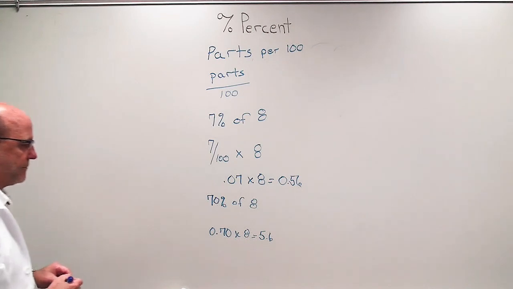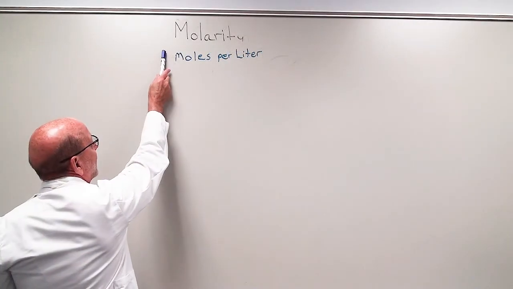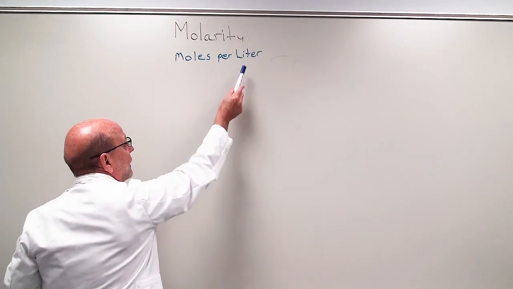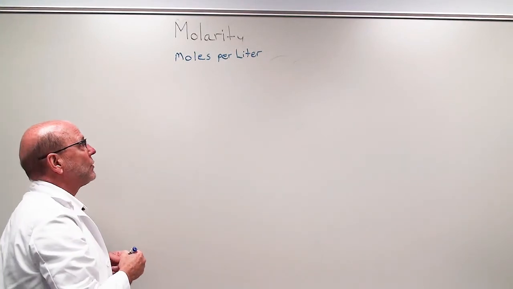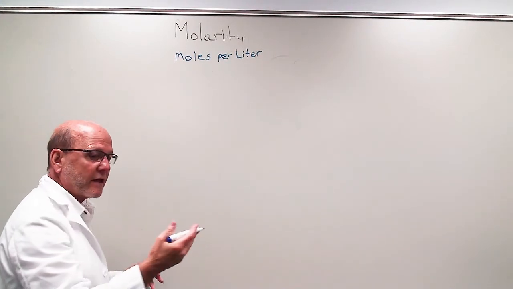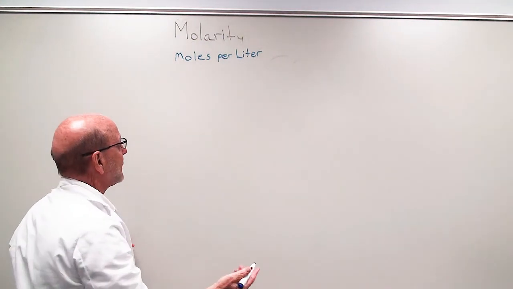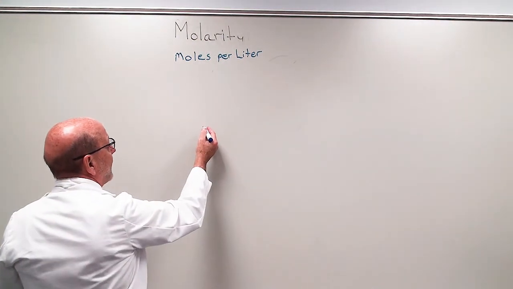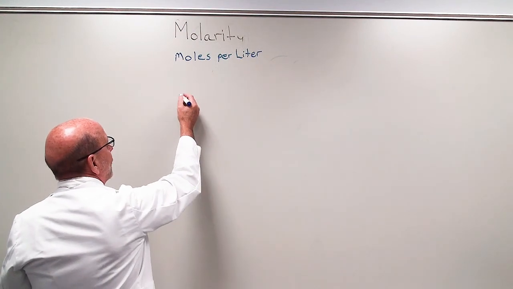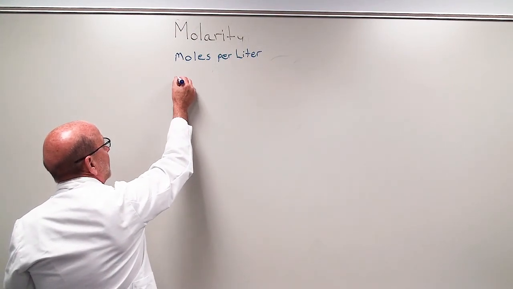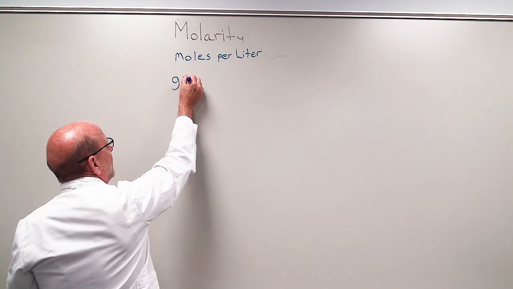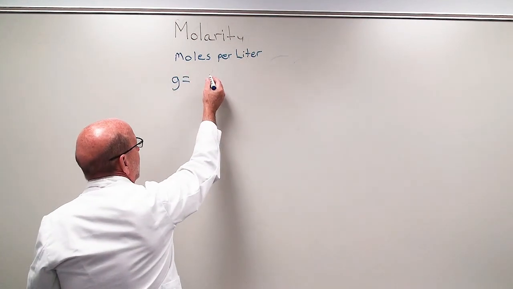So percentage is basic. Moles, molarity, is moles per liter. And it's one of the major solutions that we always have to be concerned with, osmolarity and things like that. So we're normally not going to make up an entire liter. So when we do this, we want to still use the same formula. We're just going to have to remember that our volume is in liters.